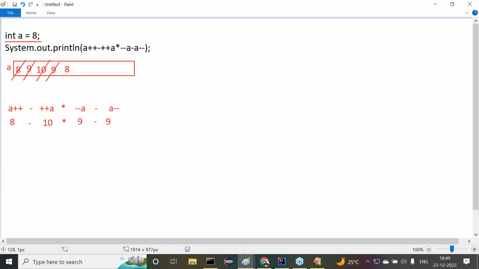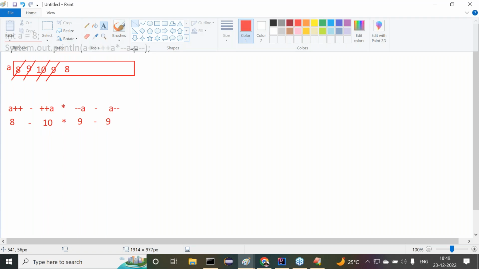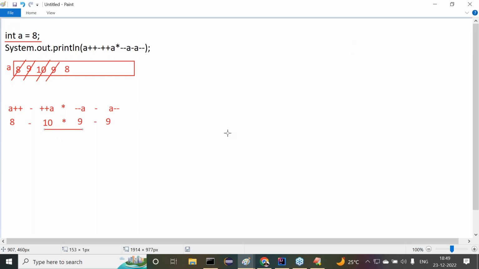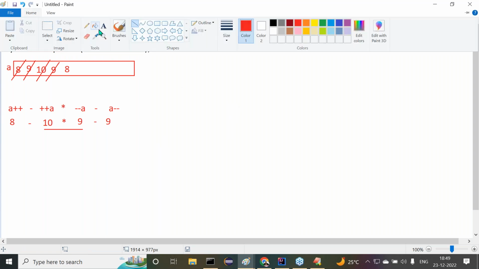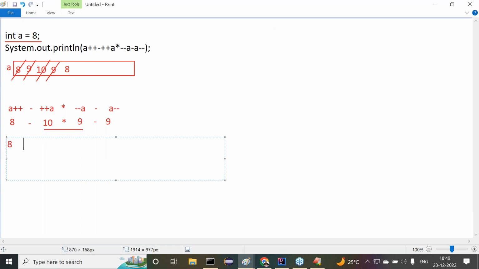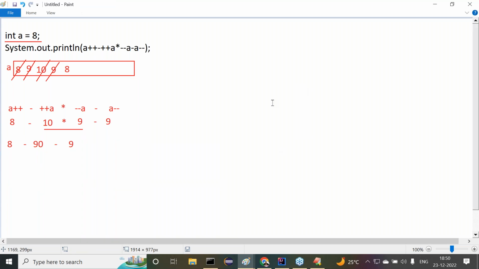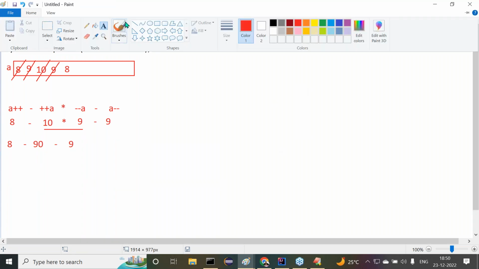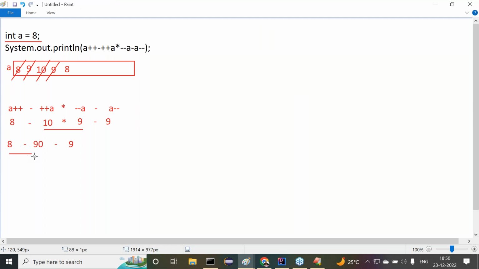Minus and star operators are available. So first priority is for star. We have to evaluate that star first. So here, observe carefully: 8 minus 10 star 9. What's the value? 90, minus 9. Now again here, two minus operators are available. Following left associativity, the leftmost operation will be evaluated first.